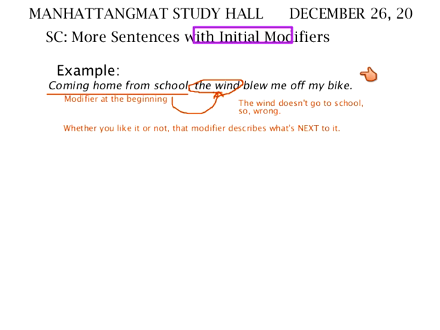But remember that fixing sentences is not a skill set you have to have. On top of that, fixing sentences is a much more difficult skill than just pointing out what is wrong. So I would suggest that you not worry about trying to fix the sentences, but just make sure you know what's wrong with them. What's wrong with this sentence is that it suggests that the wind was coming home from school.